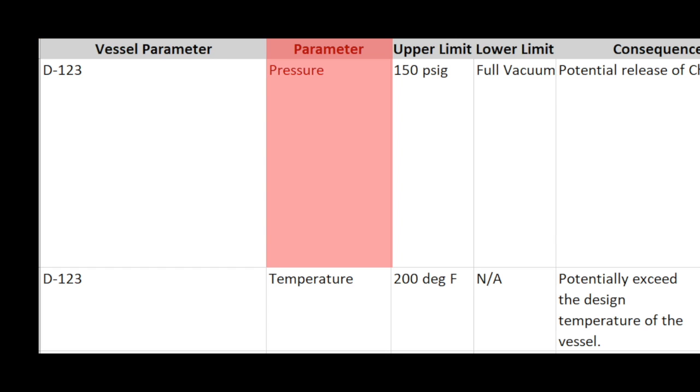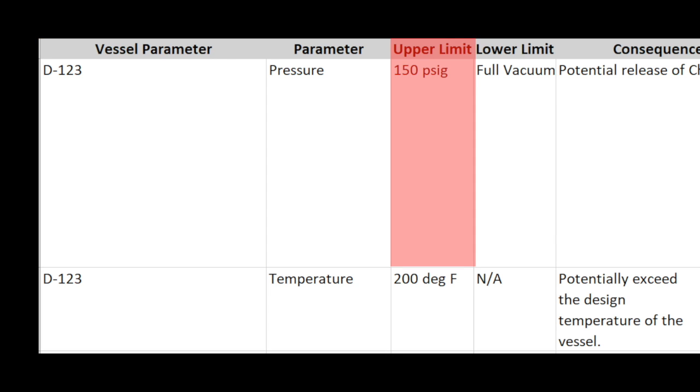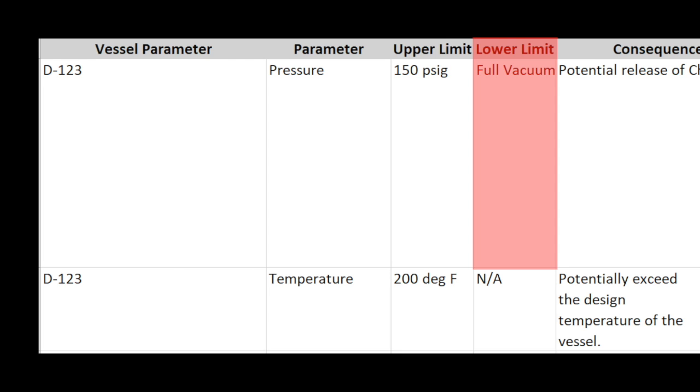The pressure parameter that we were talking about, what's the upper limit? In this case, 150, okay? And lower limit, we'll say the tank's rated for full vacuum. So that lets our operations staff know these are the upper limits. Now, those upper limits are going to be based on what we normally operate at. So when we say upper limits, those are the boundaries at which it can be operated.